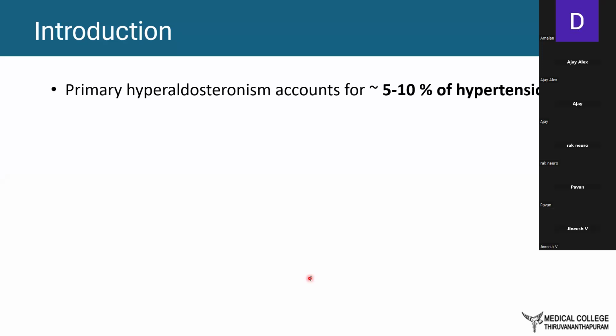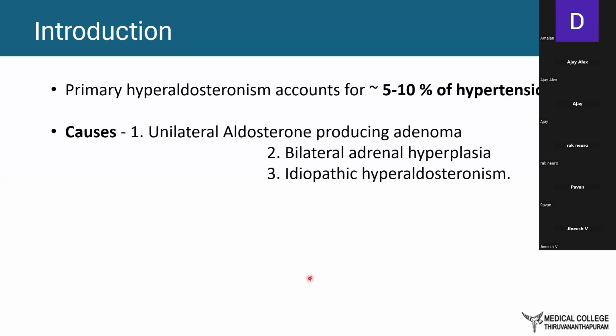So anyway, AVS is generally done in patients with primary hyperaldosteronism. Now this accounts for a minority of cases as an etiology for hypertension. In general, unilateral aldosterone-producing adenoma is one of the important causes, in addition to bilateral adrenal hyperplasia and even idiopathic hyperaldosteronism.